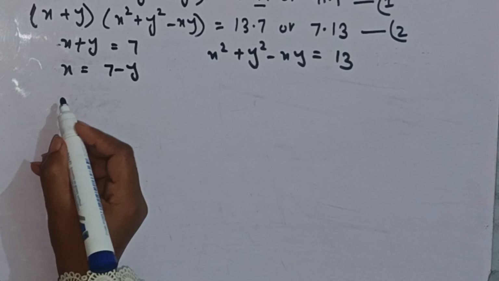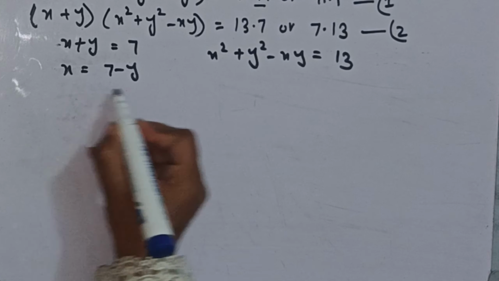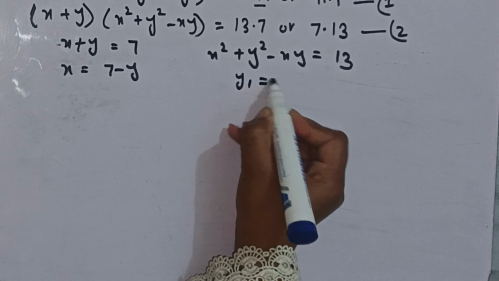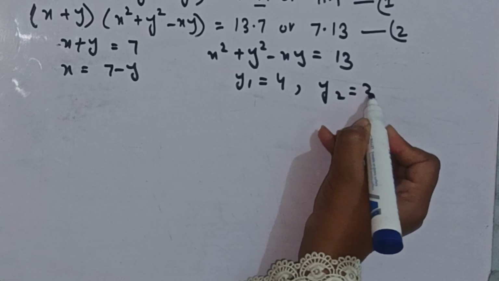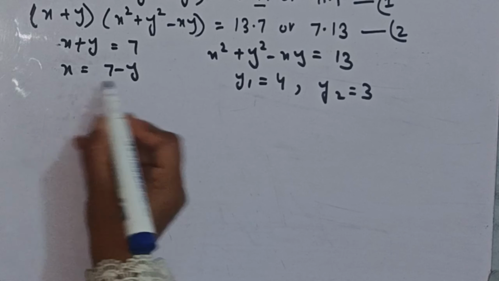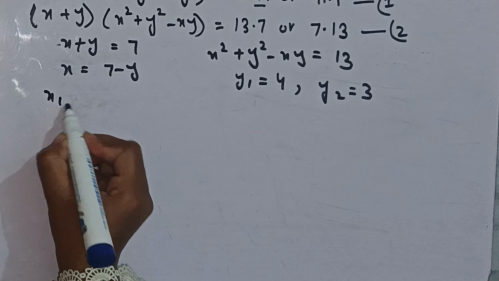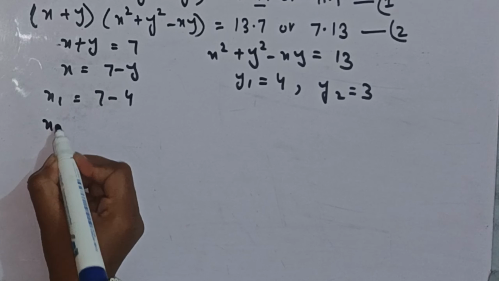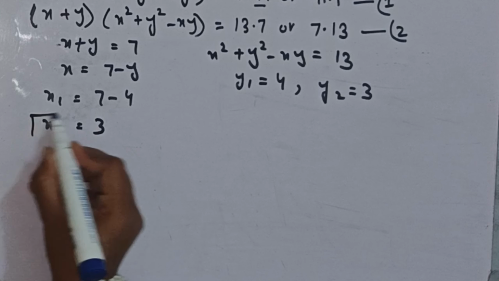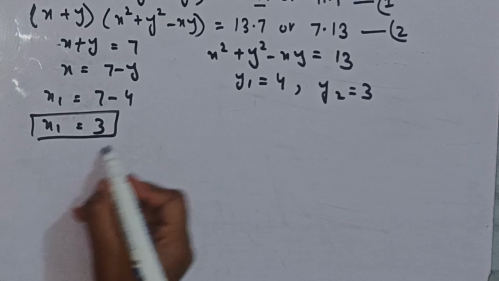Now we have x is equal to 7 minus y, and y1 is 4 and y2 is 3. Now here we find the value of x1 by using the value of y1. So we have 7 minus 4. So x1 is equal to 3.